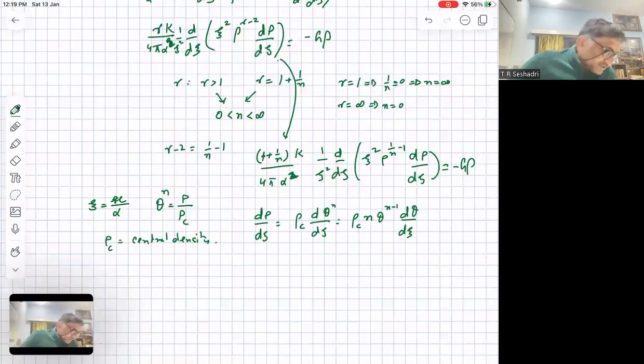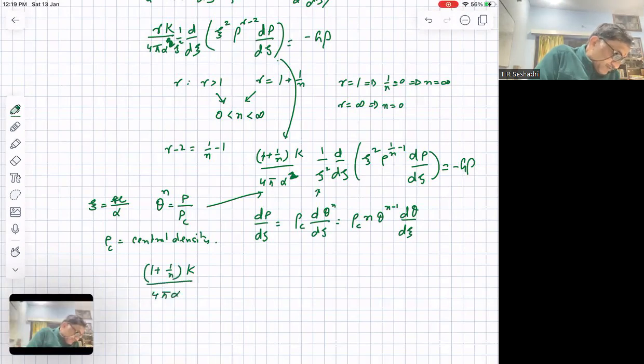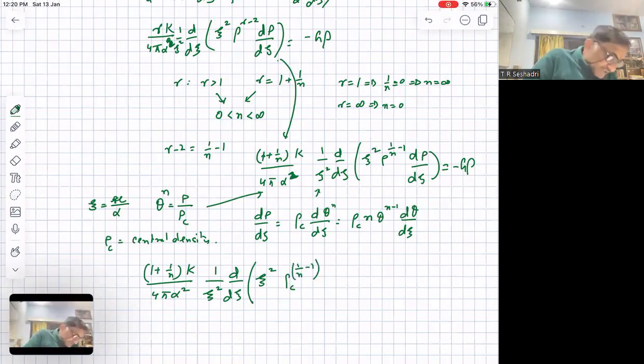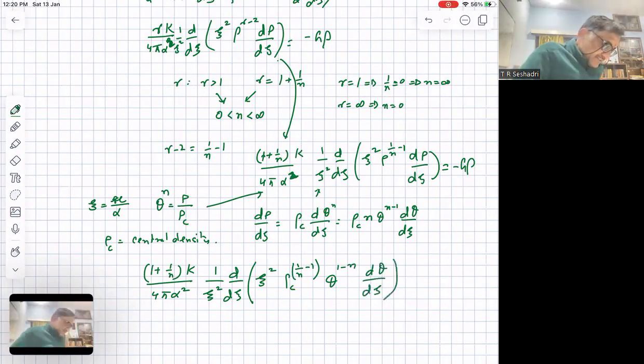And so if I substitute all this here, I get 1 plus 1 by n k by 4 pi alpha square, 1 by xi square d by d xi of xi square into rho c to the power 1 by n minus 1 times theta to the power 1 minus n d theta by d xi.